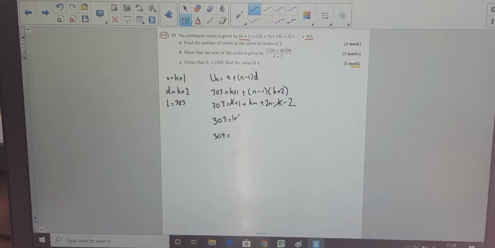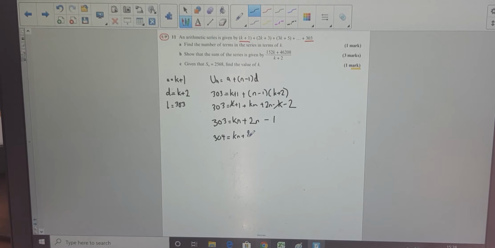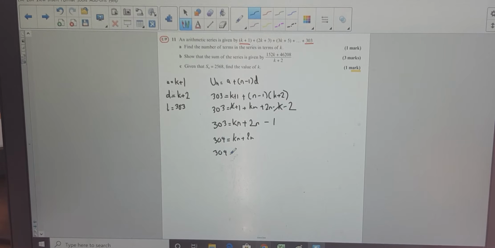It should have been kn, add 2n, and then 1 take away 2 is minus 1. I've then added the 1 on that side, and that's going to give me kn, add 2n equals 304.